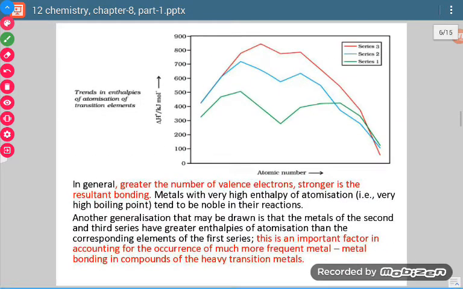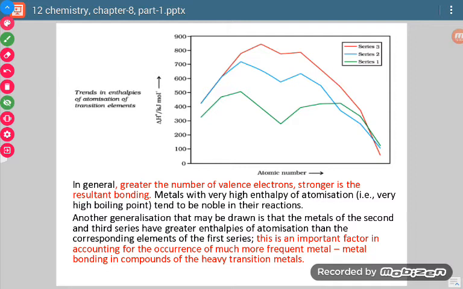Now see, in this diagram, this is for the 3d series, this is for the 4d series, this is for the 5d series. These are the enthalpy of atomization graphs. Here we can see that in the beginning the value starts increasing, reaches the maximum value, then again starts decreasing.